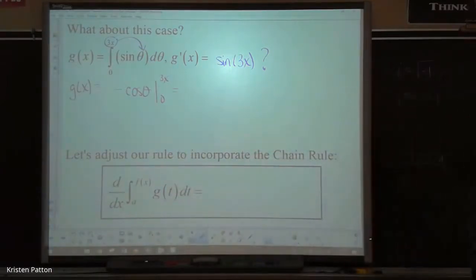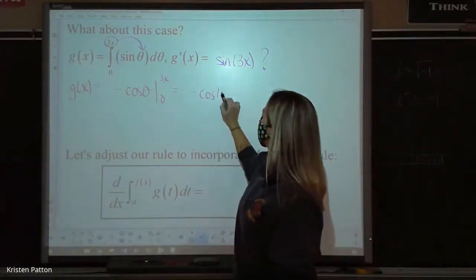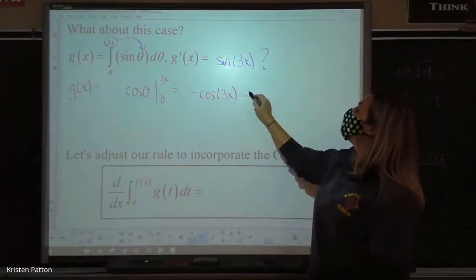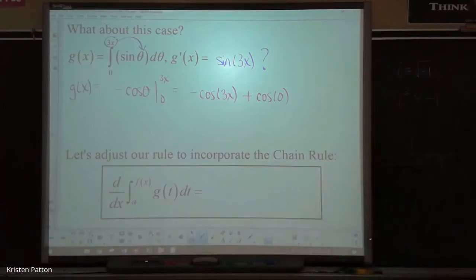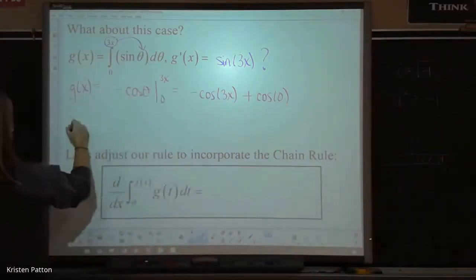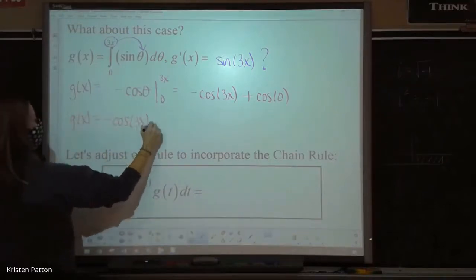And we want to evaluate that from 0 to 3x. All right, so we've got a negative cosine of 3x minus a negative cosine of 0, which means g of x equals negative cosine of 3x plus 1.